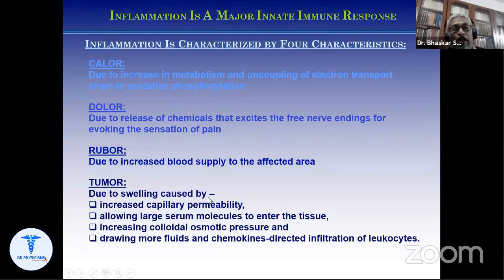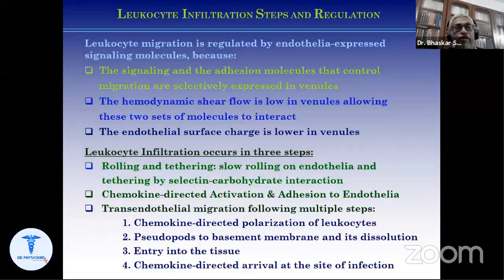And this swelling is caused by increased capillary permeability, allowing large serum molecules to enter the tissue. And that causes increase in colloidal osmotic pressure, drawing in more fluid into the tissue, and then drawing more fluids and chemokines directed infiltration of leukocytes to the inflamed tissue. So basically, these are the four characteristics of inflammation, and these are the reasons or the mechanisms how that happens.